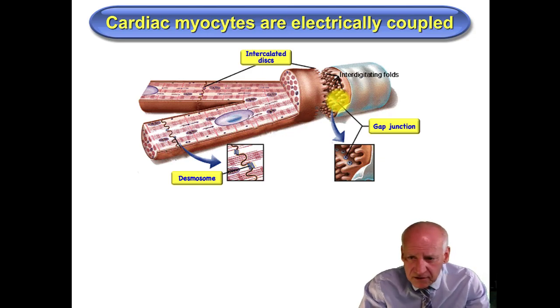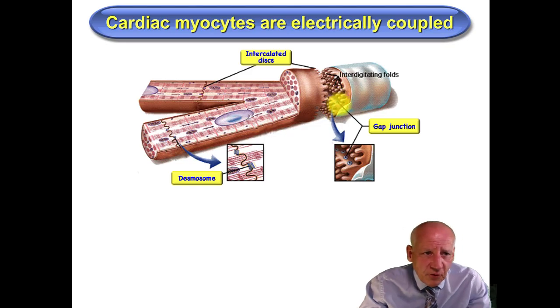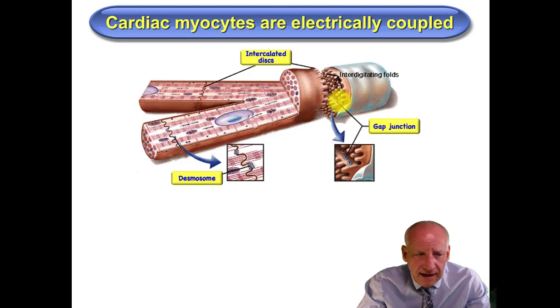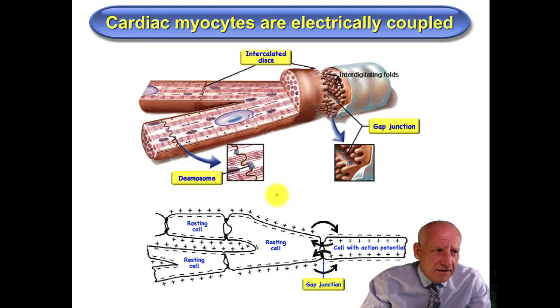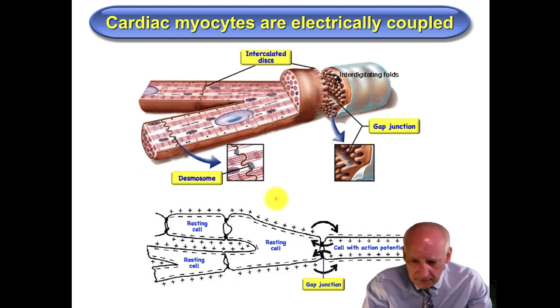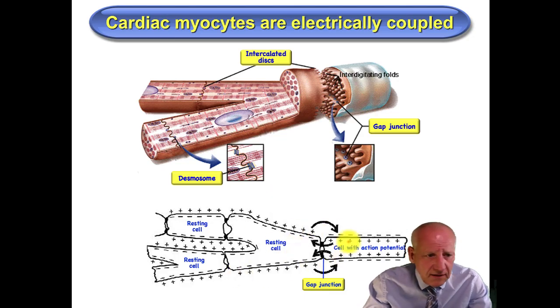And these form large pores between adjacent cells. The gap junctions allow ions and small molecules, some as large as ATP, to pass freely from one cell to the next. So gap junctions provide a pathway for electrical current in the form of ions to flow from cell to cell within the cytosol.